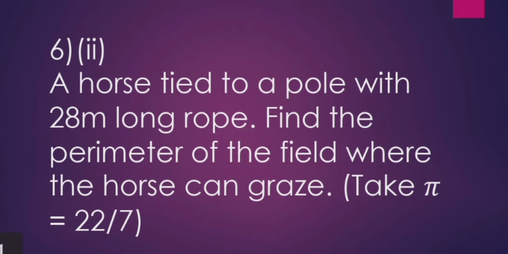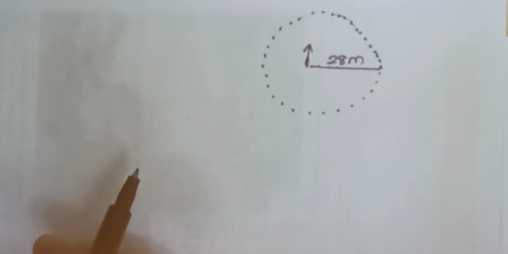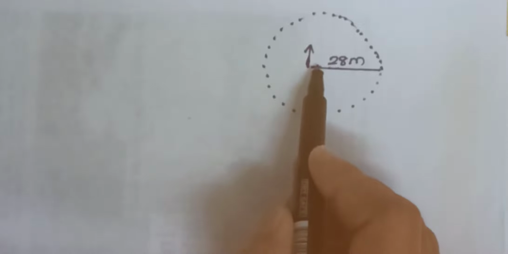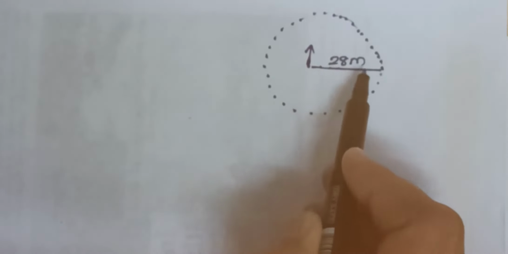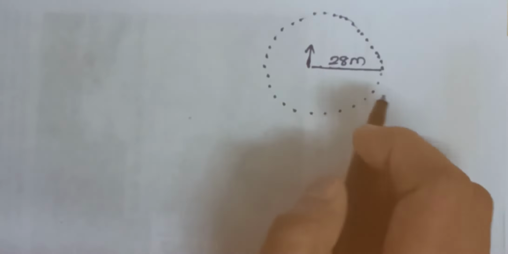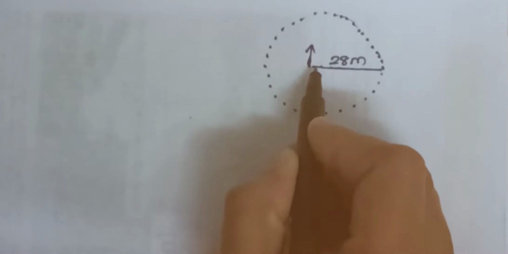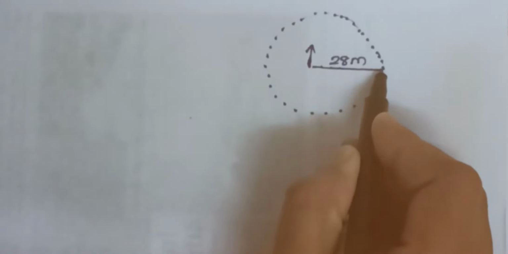Now question number 6, second part. A horse tied to a pole with a 28-meter long rope. Find the perimeter of the field where the horse can graze. Take pi is equal to 22/7. Here the horse is tied to the pole by using a rope of length 28 meter. Now see, suppose this is the pole and the horse is tied with the rope of length 28 meter.